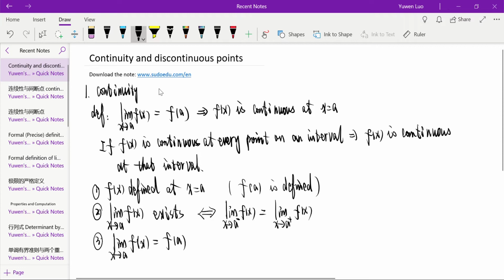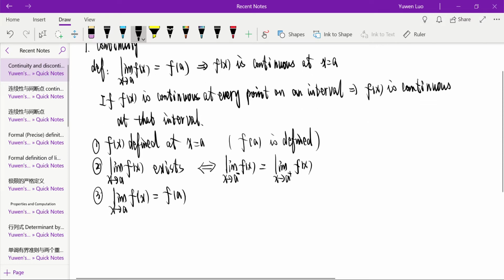So the second condition can be replaced by the conditions for the left limit and the right limit. Now we use the definition to determine if a function is continuous at a point or not.